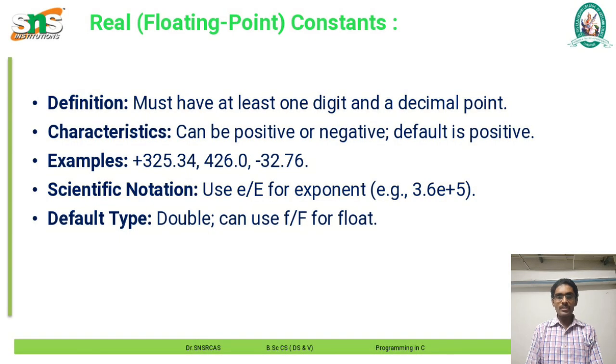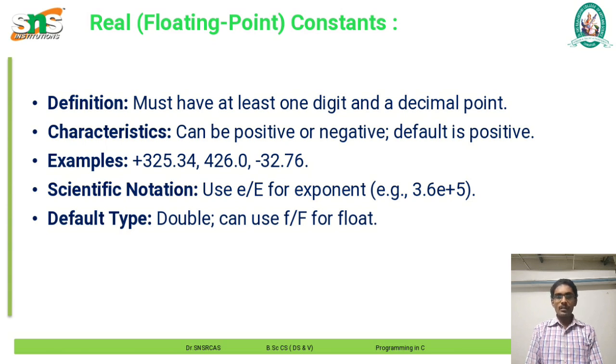Real or floating constants must have at least one digit and a decimal point. They can be positive or negative. The default for floating constants is positive. For example, plus 325.34, 426.0, and minus 82.76.